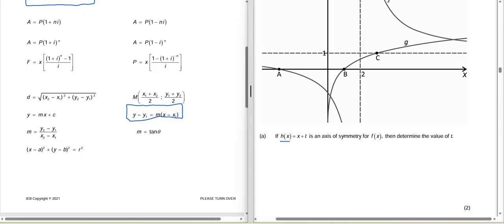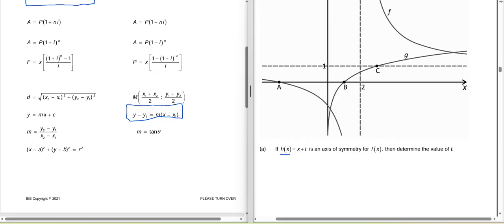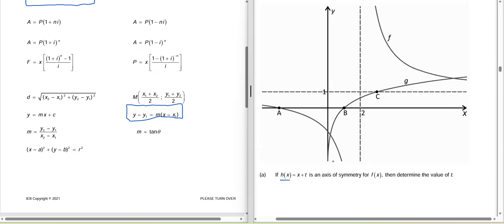So when it's an axis of symmetry, they are telling us that its gradient, so the coefficient of x, is the gradient. So the gradient, meaning that m is going to be 1. That's what it means. Now, let's see how we would have constructed this h of x. We could have used also this one. But we know that the gradient of it is 1.